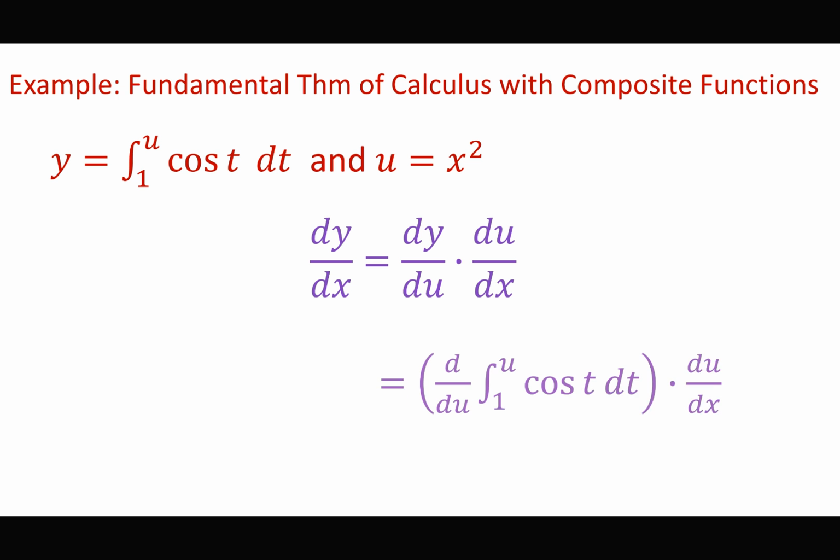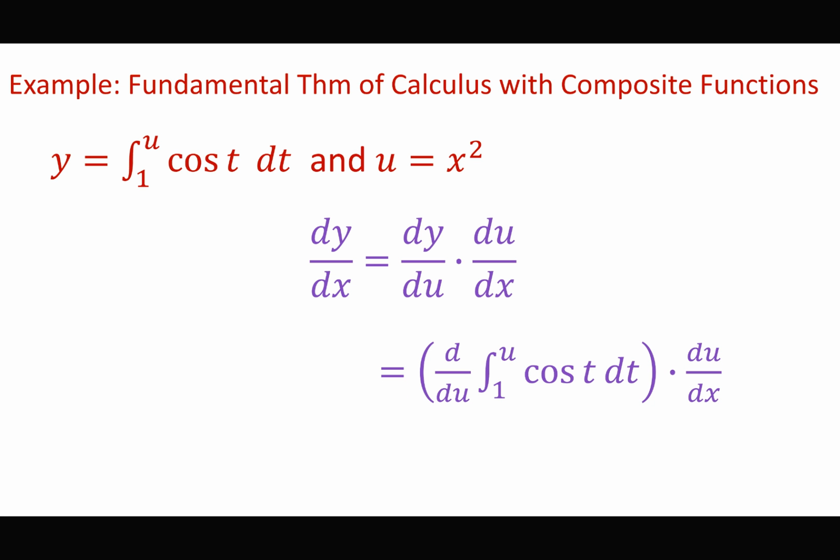So in our case, the derivative of the function y with respect to u would be d/du of our integral. Remember, our function y is that integral, y equals the integral from 1 to u of cosine of t dt.